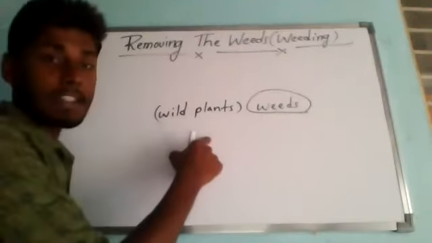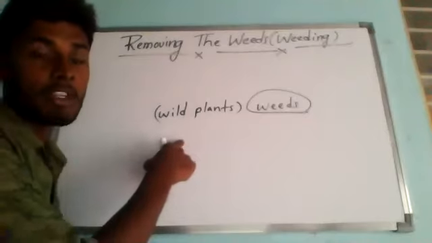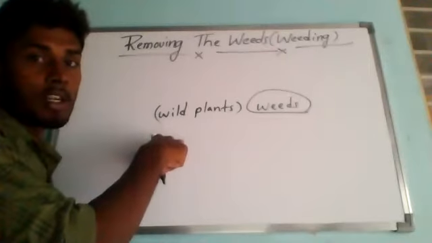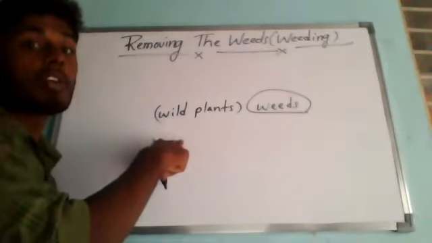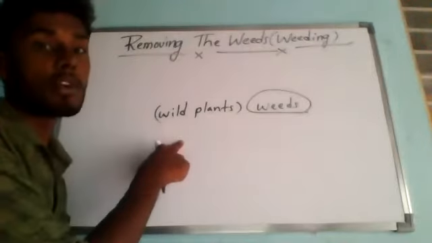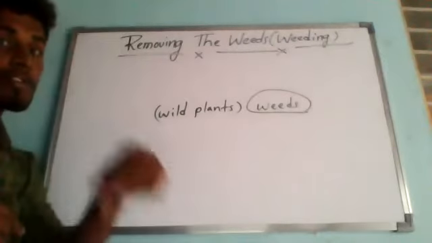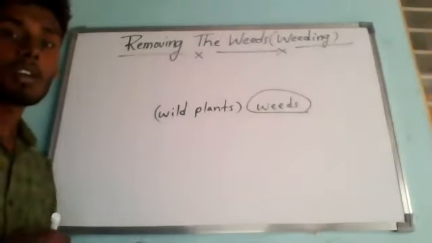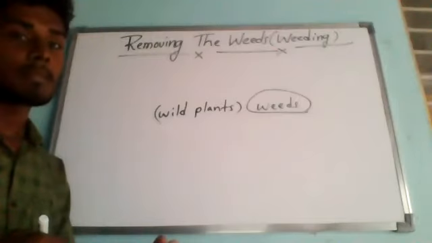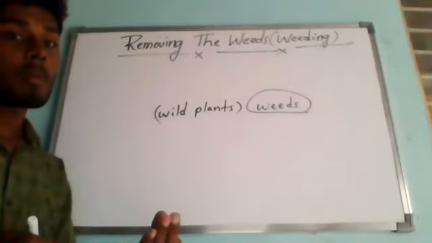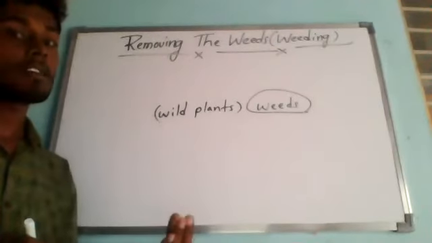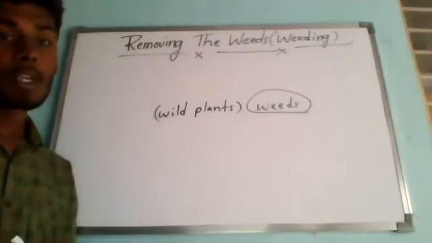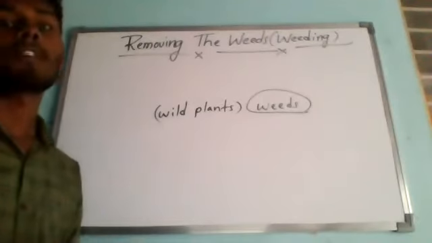So when these unwanted plants grow, what is going to happen? The growth of weeds in the fields is harmful because they consume a lot of fertilizer, water, sunlight and space meant for the crop plants, and reduce the crop yield and lower the quality of food grains.